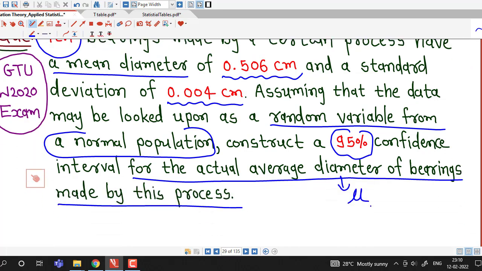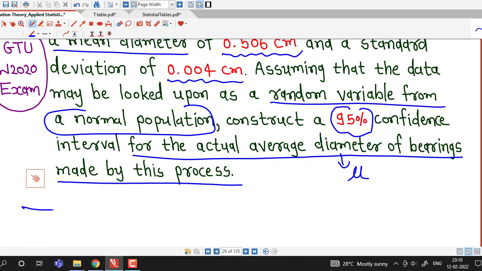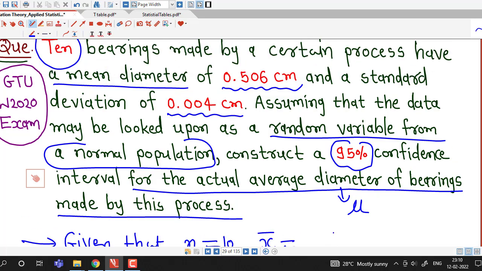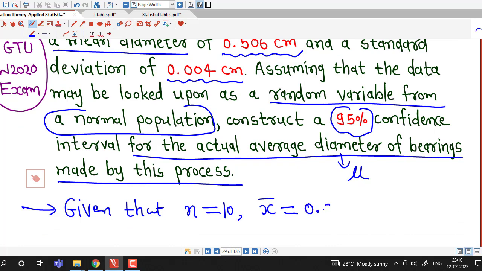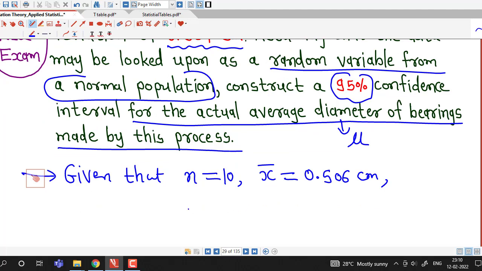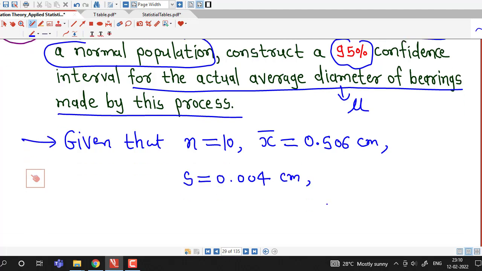So first we write down all these things. Given that sample size is n equal to 10, sample mean x bar equal to 0.506 centimeter, sample standard deviation s equal to 0.004 centimeter, and confidence level is 95%.